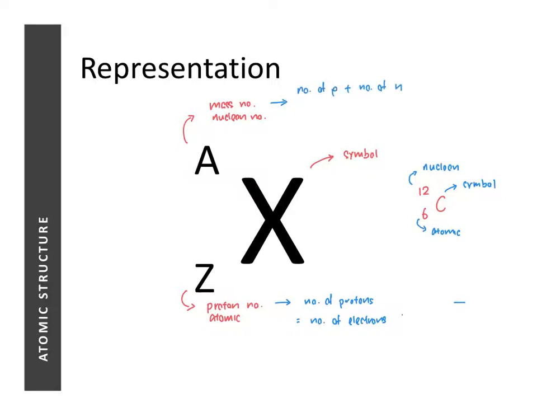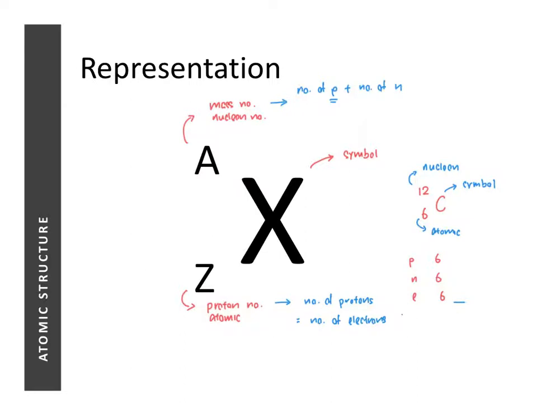Since we already know the number of protons from the proton number, we can therefore find the number of neutrons. So in the example of an atom of carbon, the number of protons would be 6, the number of electrons would be 6. Then how do we find the number of neutrons? Take the nucleon number minus the atomic or proton number, so it will also be 6.